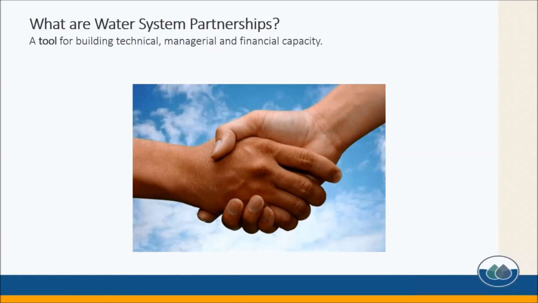And we really see water system partnerships as a big tool to help address those issues, that it's systems working together, coming together to address some of the TMF issues by really partnering and leveraging the resources that they each have. Oftentimes you'll have a gap in one system where it's a strength in another one that's nearby.